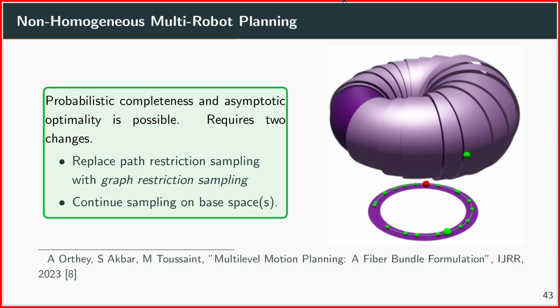However, if you want to make it complete and optimal, that is possible, but it requires two big changes. One is that you have to replace this path restriction with something more general, which is a graph restriction. And you need to also continue sampling on your base space. So this is, for example, a case where you don't have only the path on your circle here, but you have basically computed a graph or roadmap here on your circle.